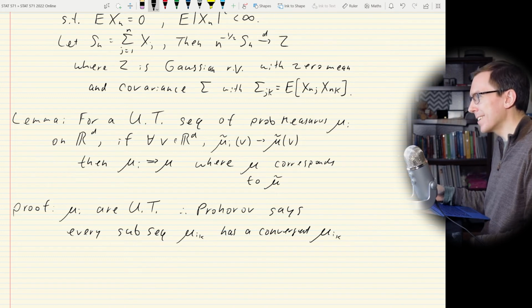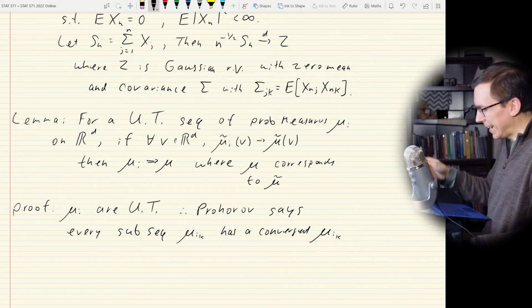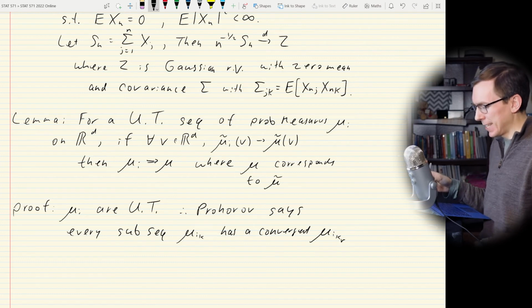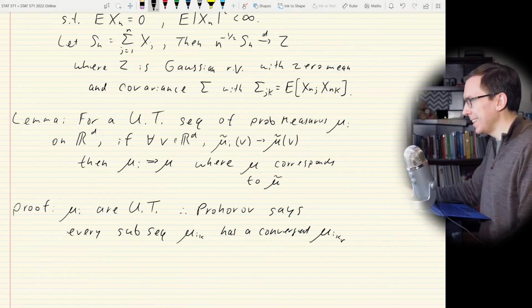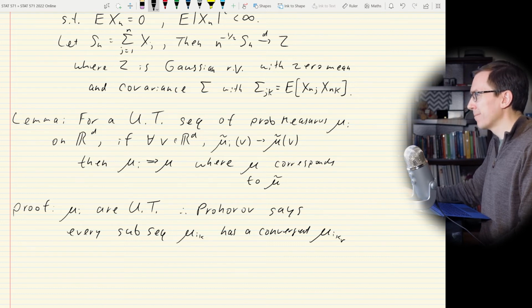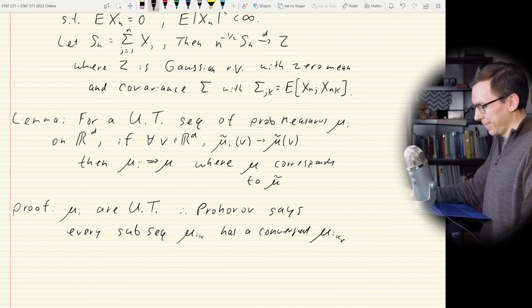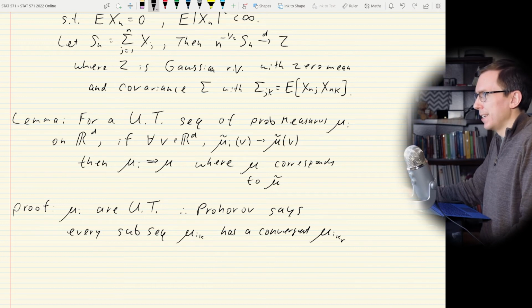I'm using i again, aren't I? All right, that's fine. We'll use i in this one because it's the lemma, and then we'll try really, really hard not to use it in the proof of the central limit theorem itself. Anyway, yeah, there's a convergent subsequence.